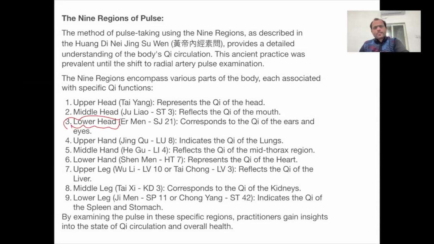Lower head. It is the triple warmer 21, corresponding to the chi of the ear and the eyes. So it is explaining the energy of the ear and eyes. Triple warmer 21 or the Sanjiao 21.